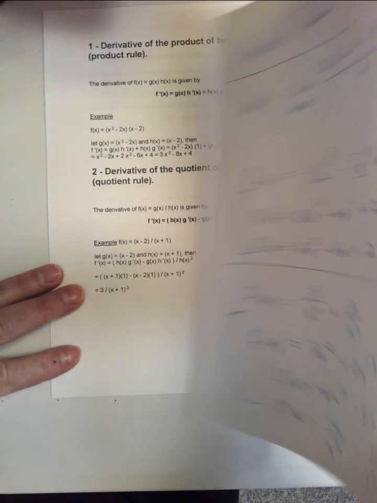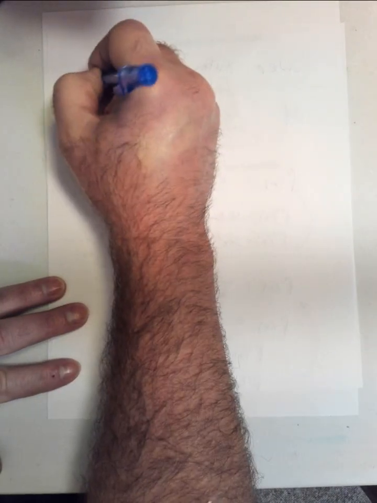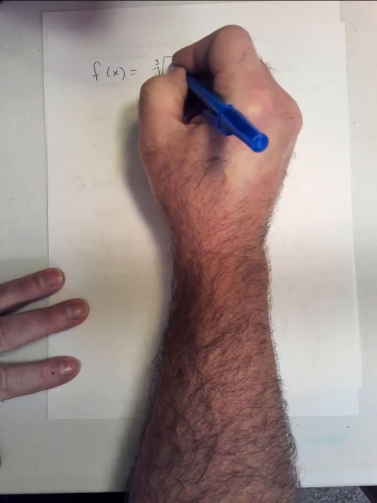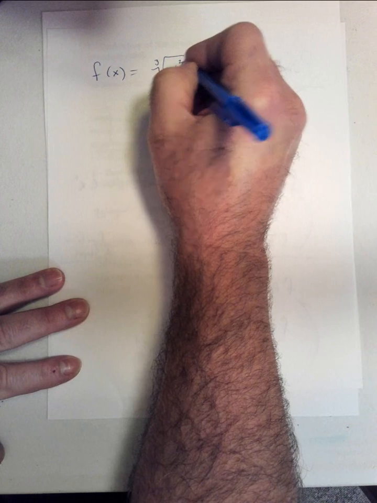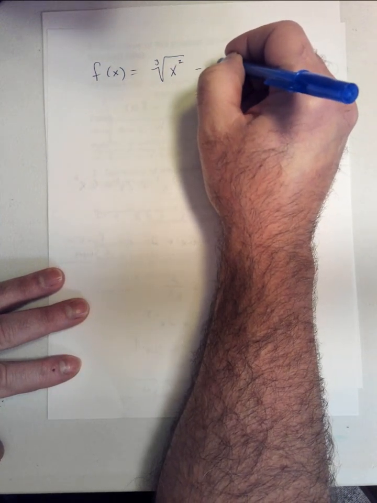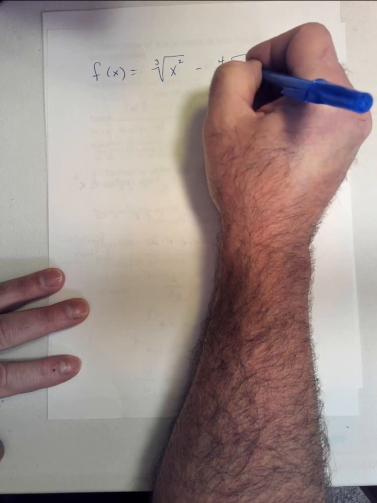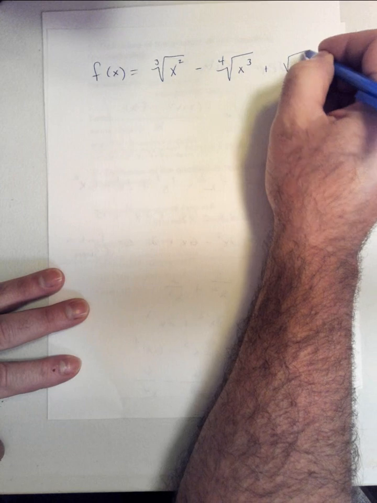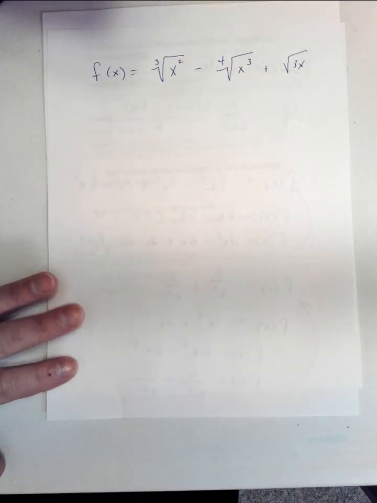Same thing if we have some rational functions. For example, let's say we have the cube root of x squared minus the fourth root of x cubed plus the square root of 3x. All right.